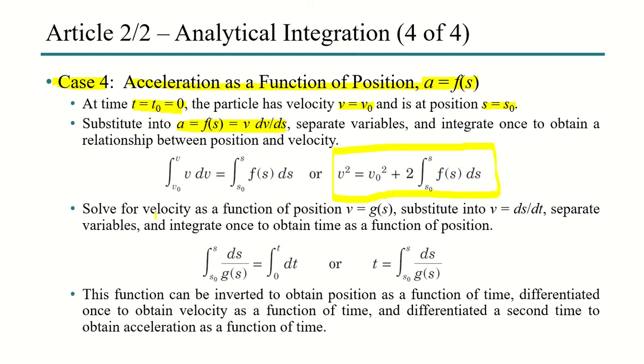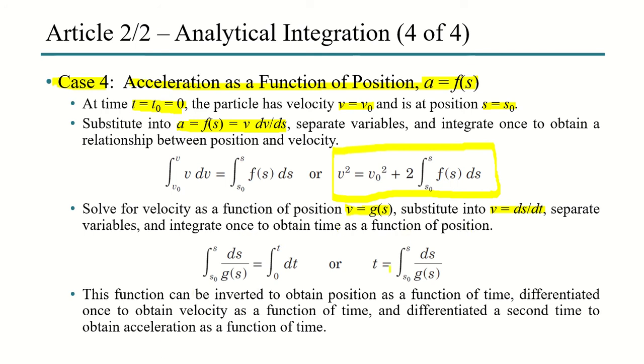Now solve for the velocity as a function of position, or v equal to g of s. So velocity as a function of position s, and substitute into this for the velocity. You take the derivative of this with respect to time and substitute it here, then separate variables and integrate once to obtain the time as a function of position.